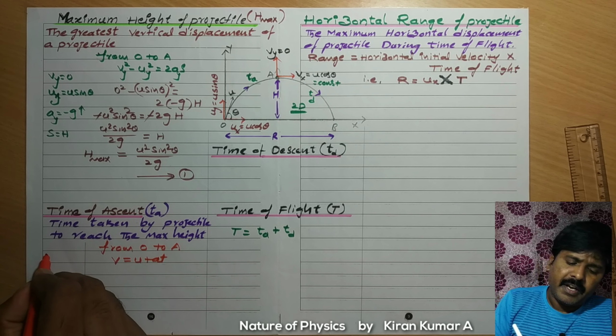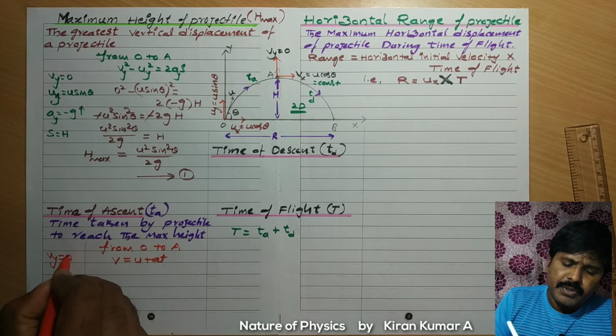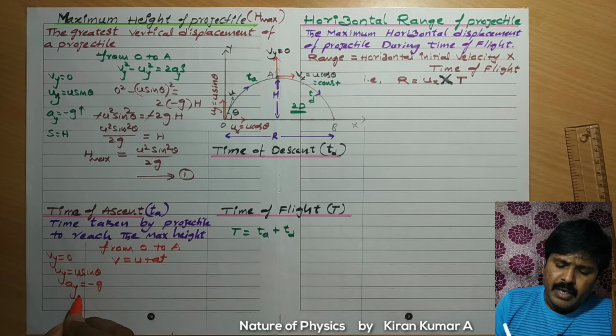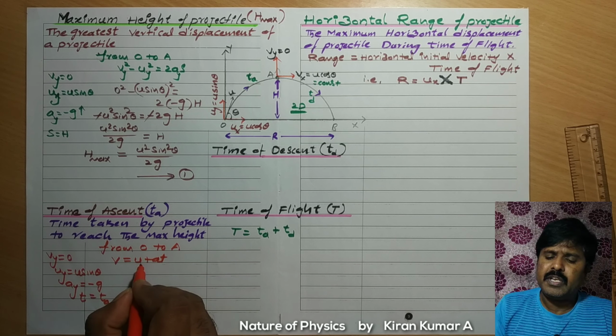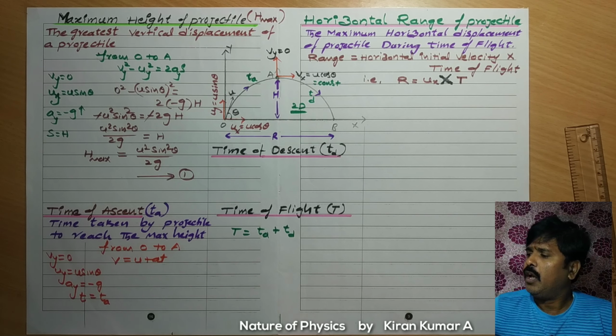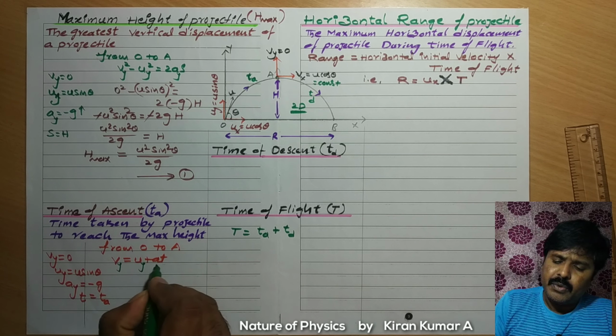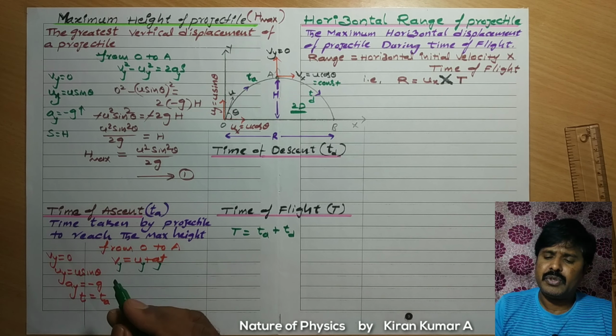The values are written here, vy is equal to 0 and uy is equal to u sin theta, students, and ay is equal to minus g and t is taken as ta, students. So these values are replaced in this equation. We will get, continuation here, vy, this is uy and that is ay, students.